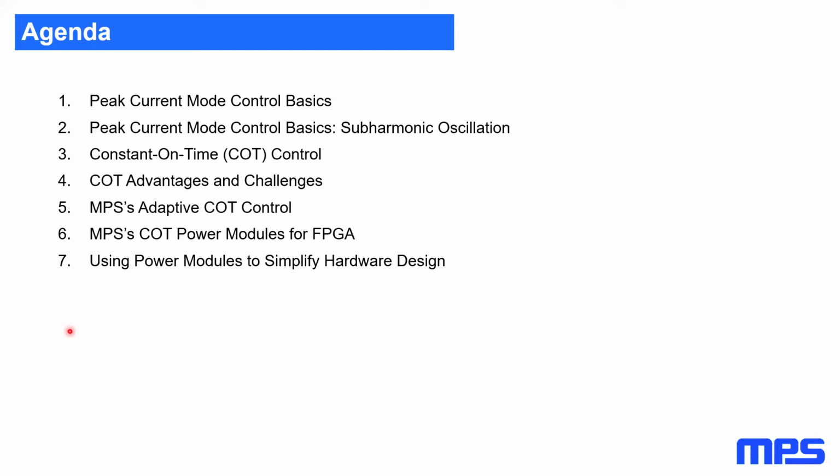Then I'm going to dive a bit deeper into the way that MPS implements our constant on time in our power modules designed for supplying FPGAs, and a bit into what we have to offer and how we can help ease the design process.